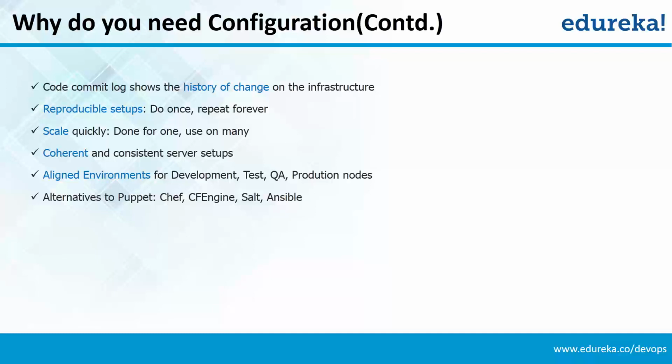And it also means that on all the servers, your Tomcat, as an example, is going to be configured exactly the same way. Of course, we still have node-specific setups, but apart from that, everything else remains exactly the same.